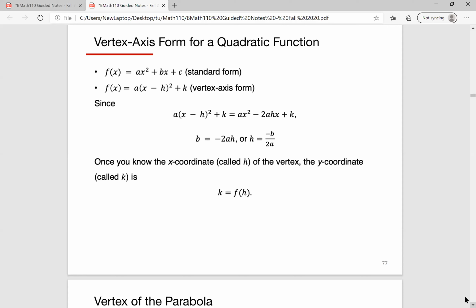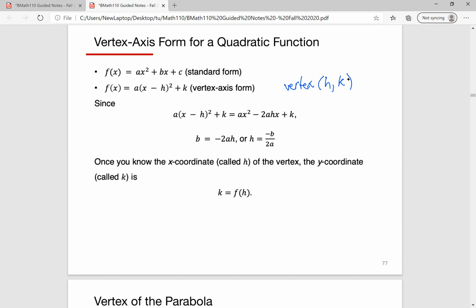The vertex form is a times (x minus h) squared plus k. Here the vertex is at the coordinate (h, k) as an ordered pair.